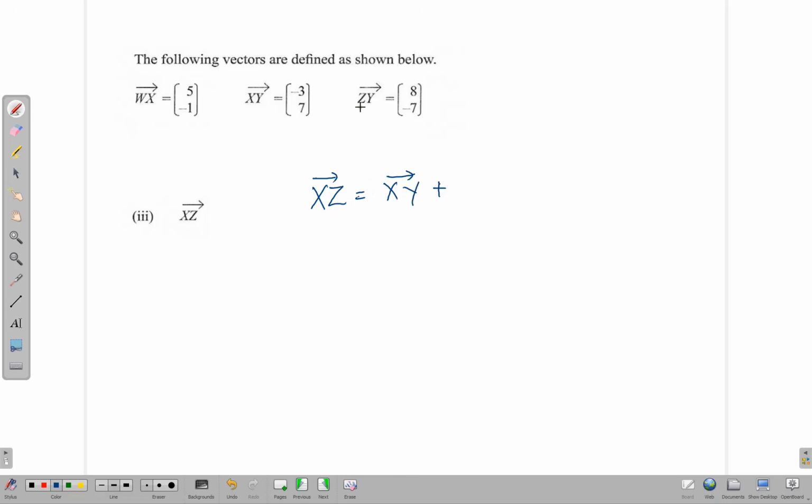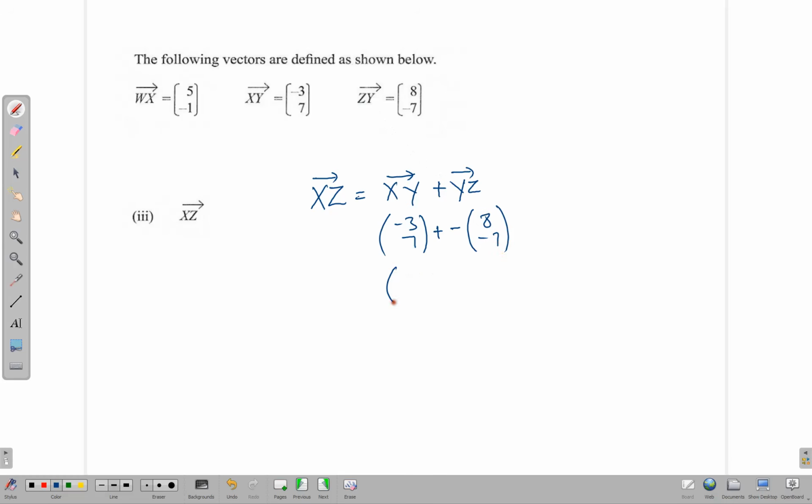Now this vector here is zy, and we want to work it as yz. That means we need to find the opposite of this vector and write it as yz. To write the vector in its opposite form, we simply put a minus in front of it. So here we have xy, which is (negative 3, 7), plus the negative of zy, which is (8, negative 7).